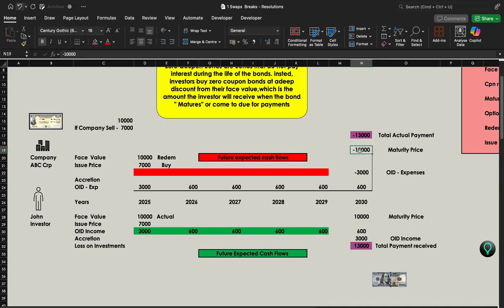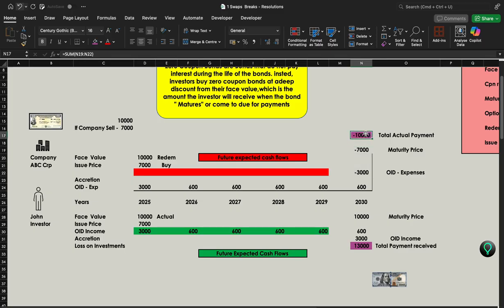At the time of maturity, the total amount the investor will receive is 10,000, not 13,000. Why? Because the issue price was 7,000 but the face value is 10,000. So investors will receive 3,000 as a profit. So the total maturity amount is 7,000 plus OID expenses, which the company will repay.